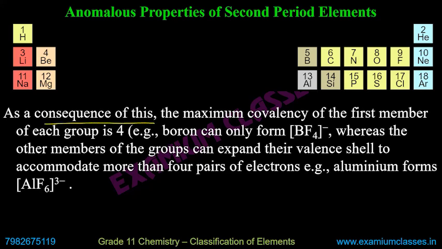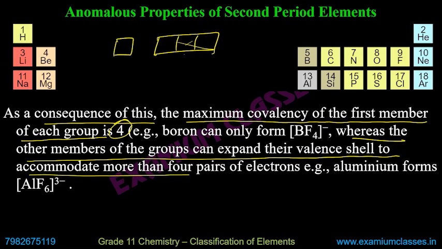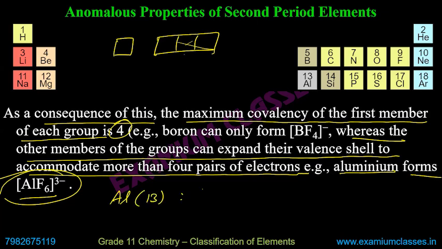As a consequence of this, the maximum covalency of the first member of each group is 4 only. Why? Because there can be only 4 orbitals which can take part in bonding. Whereas the other members of the group can expand their valence shell to accommodate more than 4 pairs of electrons. That is, aluminium forms AlF6 3-. So this is just an example. You need to understand why, because aluminium will have 1s2, 2s2, 2p6, 3s2, 3p1.